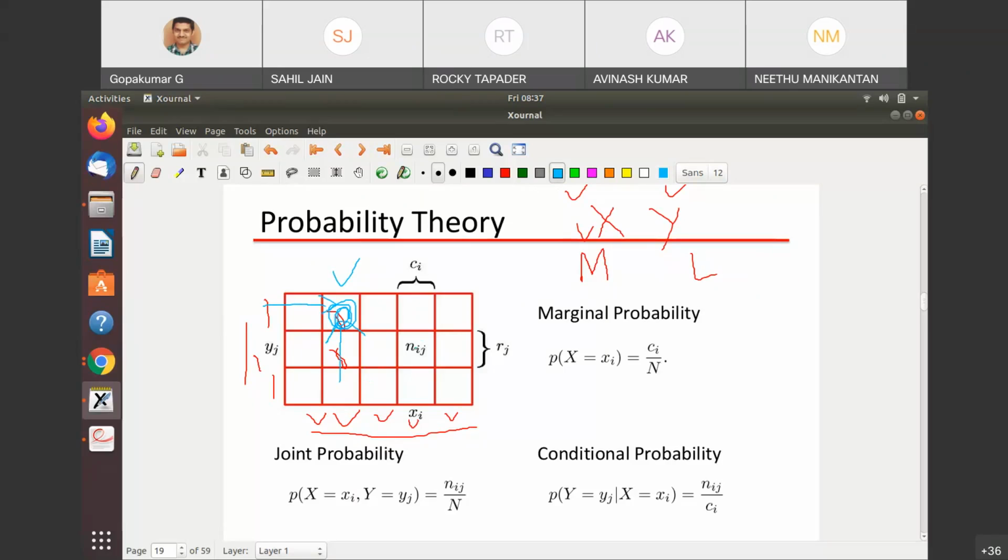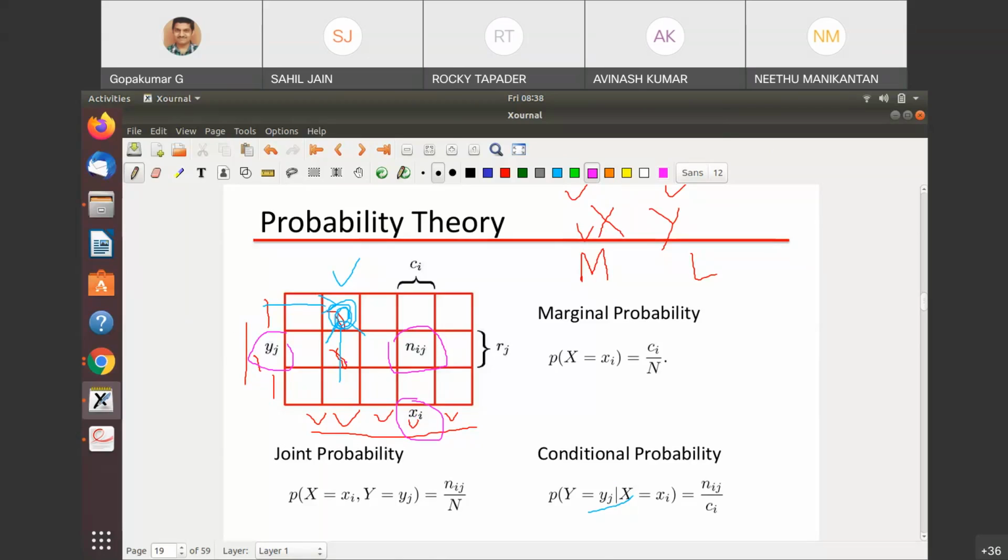So assume x takes xi and y takes yj, in the general case. Assume that among all the points in our data set, the number of points where x takes xi and y takes yj is nij. So nij is the total number of cases where the random variable x takes xi and y takes yj.